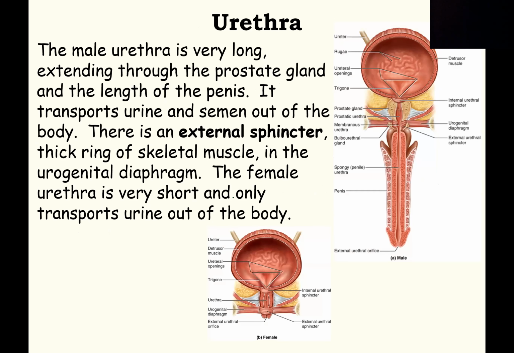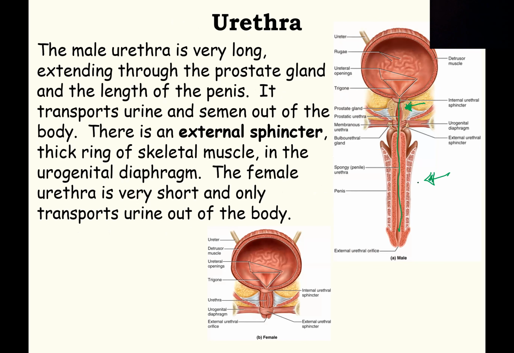Okay. The urethra, different in both genders. The male urethra, again, same layers of tissues, but it's fairly long. It passes through the prostate gland, which is just inferior to the urinary bladder, and it passes through the length of the penis.